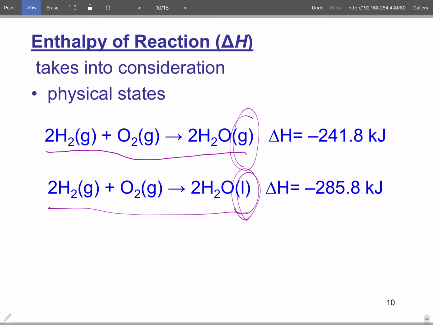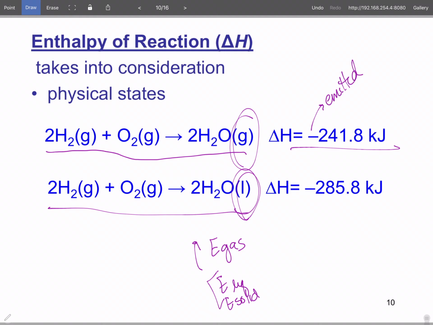So if you think about it energy-wise, the energy of a gas is up here, the energy of a liquid is down here, and the energy of a solid. These are closer to each other, but this one's going to be way different because remember, gases are in constant motion. So you're going to give off, meaning it's emitted, this much energy.